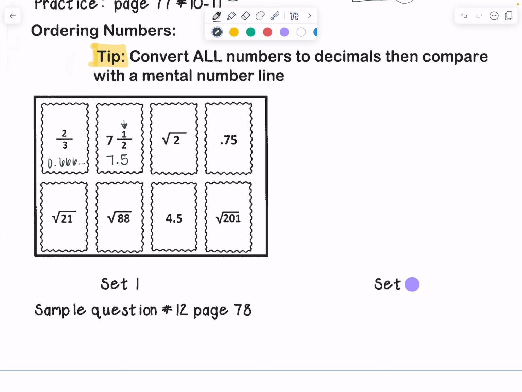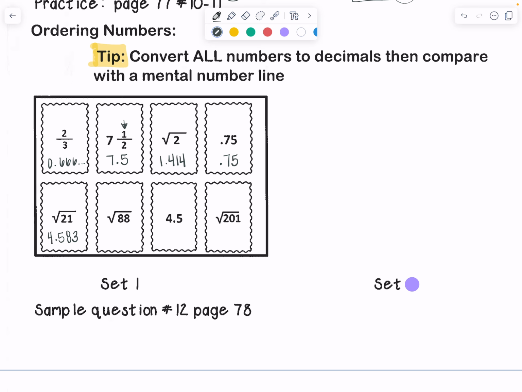Square root 2, I can type that into my calculator and get out 1.414. 0.75 is already a decimal. Square root 21, I can type in, and that's going to give me 4.583. I'm just picking 3 decimal places. You don't have to have any sort of number.